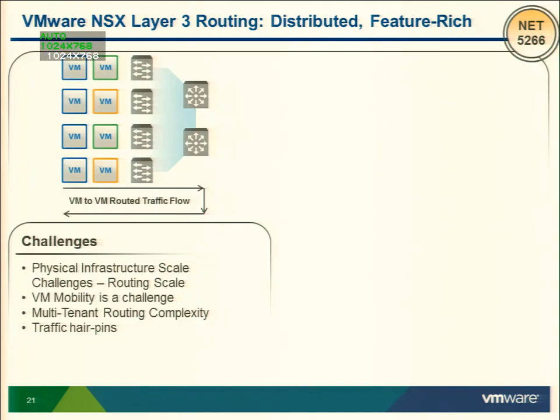Routing, right? Today, if the app tier and the database tier are sitting on the same host, you have to go out to a physical router and come back in to complete that conversation. Imagine in your data center now, a lot of east-west traffic is taking place between your different application tiers. That's the way new applications are designed. There's a lot more east-west traffic compared to north-south traffic.